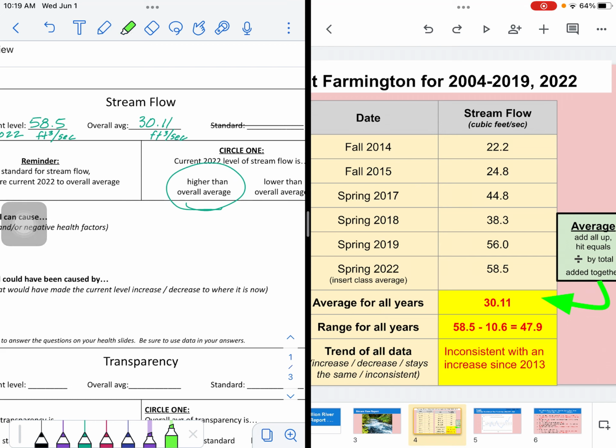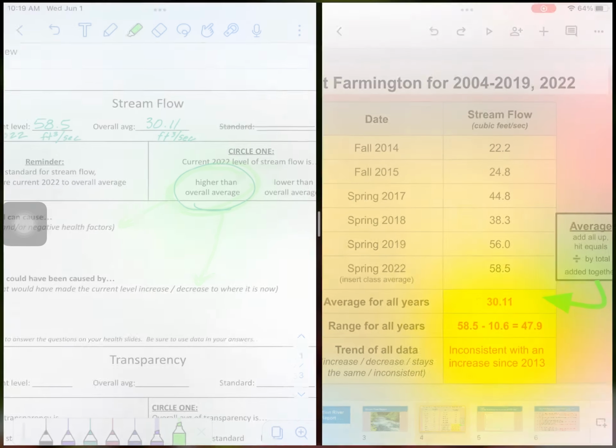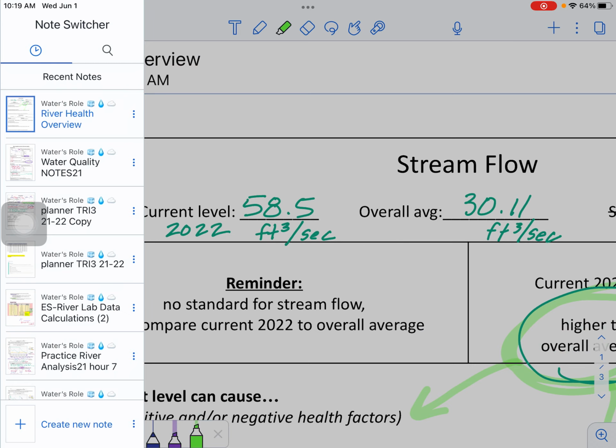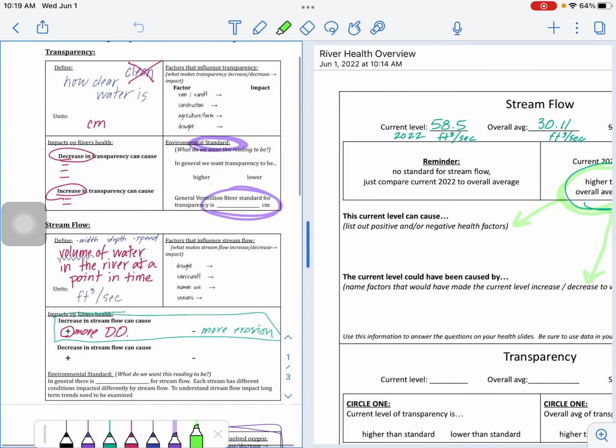We now want to use this information to help assess what is the health of the river now and what maybe made stream flow higher than normal this year. So this is where we then go to our water quality notes. So I'm going to close up my data and I'm going to open up my water quality notes.